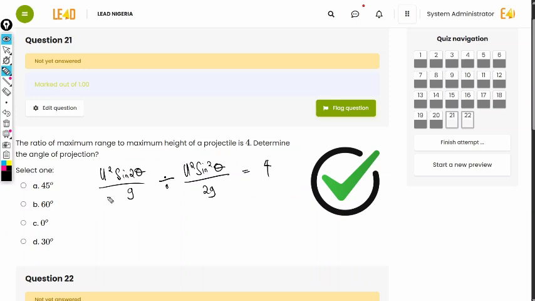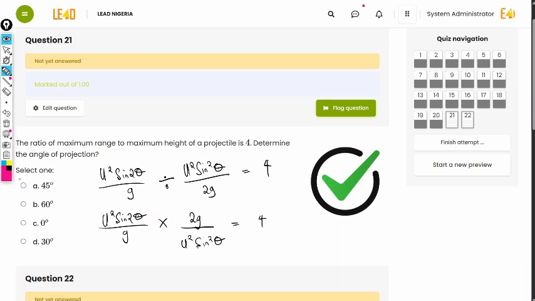So flip this, and I would have flip the maximum height. So I would have u squared sine 2 theta over g times, then we'll find the reciprocal. That's the word I was looking for. Find the reciprocal here. So just regular fraction operations, right? Okay, we can proceed.